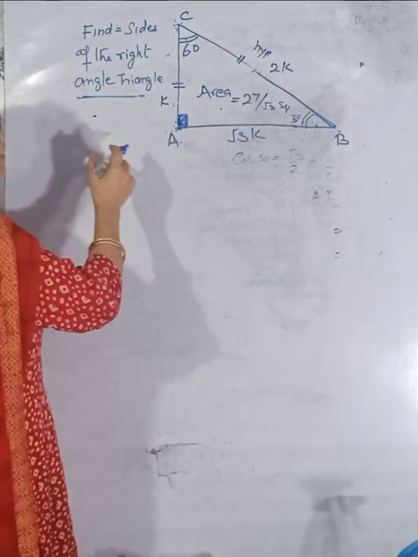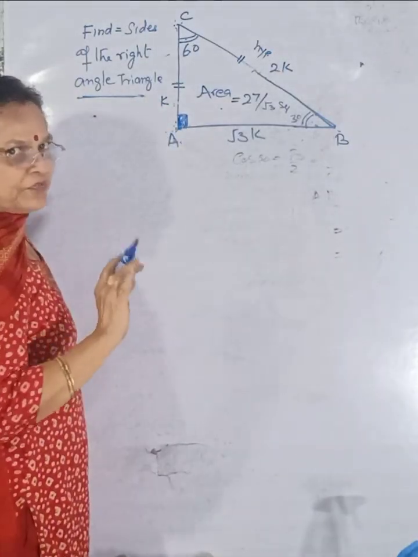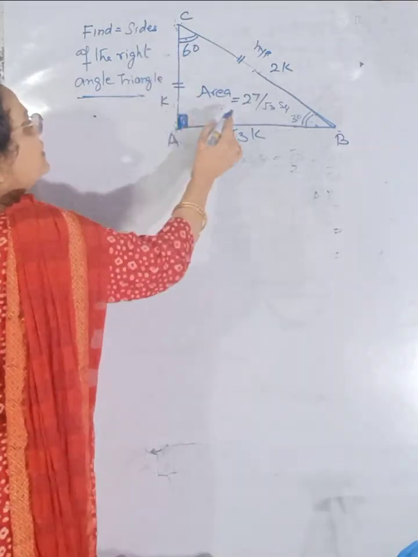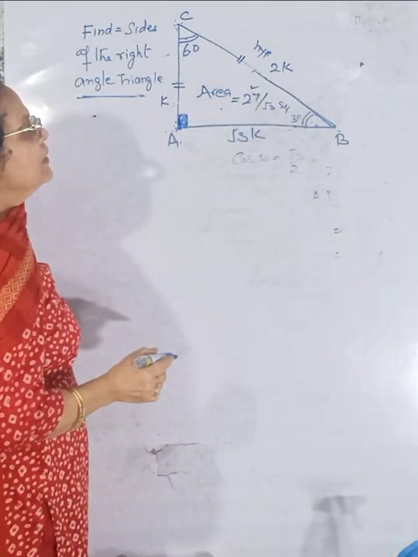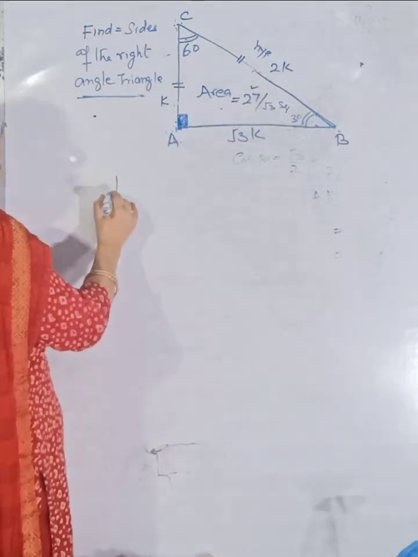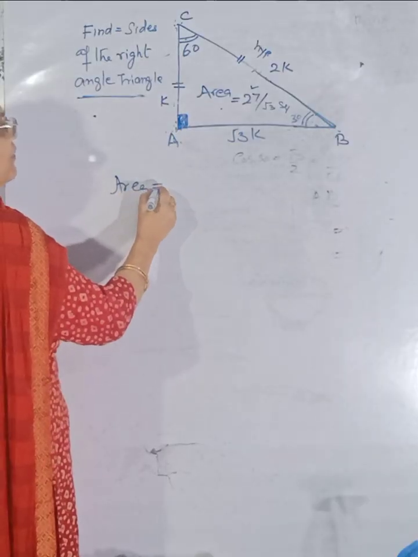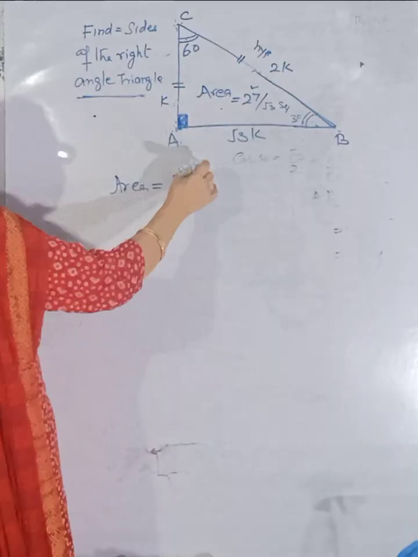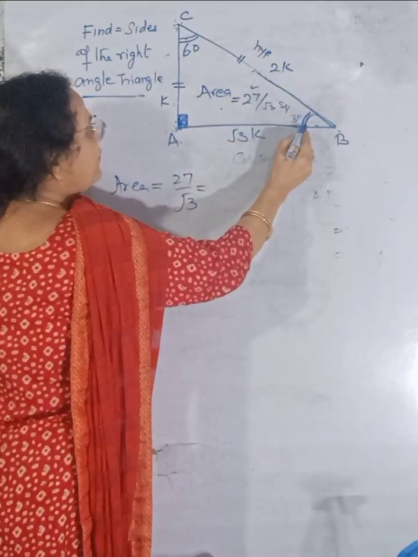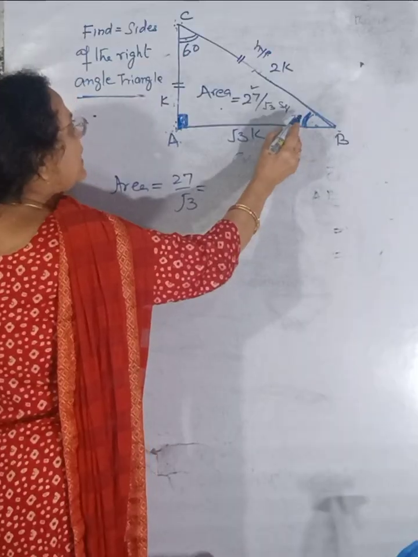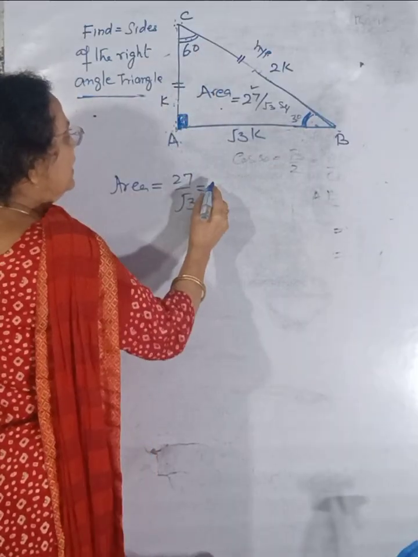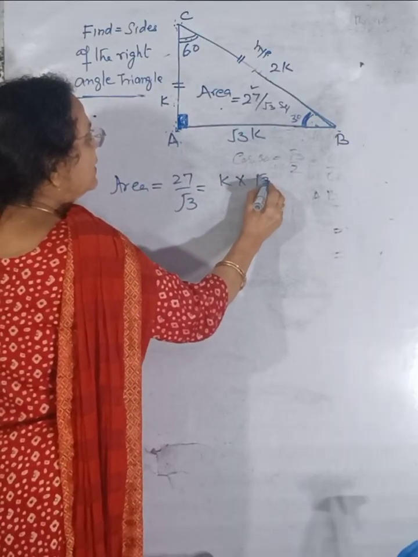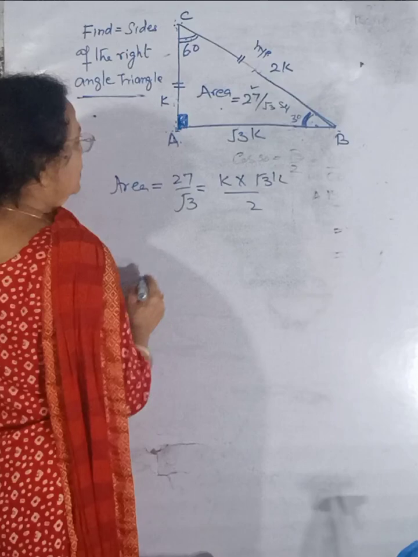Now, k is unknown to us. First of all, we have to find the value of k, for which the area becomes equal to 27 upon root 3. The area, in this special type of triangle with 30, 60 and 90 degrees, will be half into perpendicular into base, that is k into root 3 k upon 2.